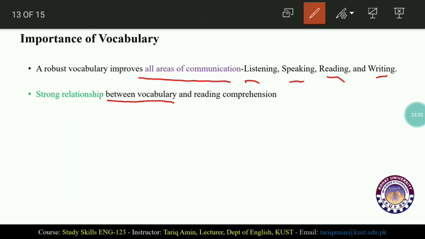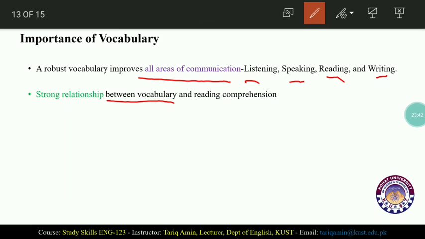For example, you are reading a text of just one paragraph and there are lots of difficult words that are unknown to you, that are not familiar to you. If you don't know the words, how can you guess the meaning of those words, or how can you comprehend the text, or how can you comprehend the paragraph?